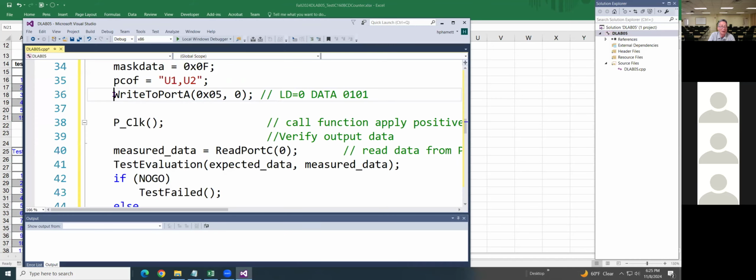Now you need to copy and write port D. MR, or clear.